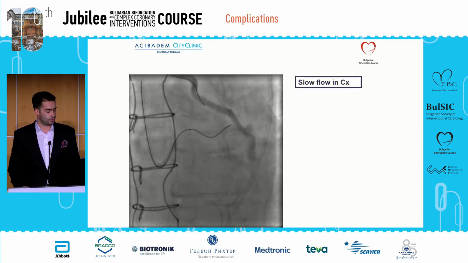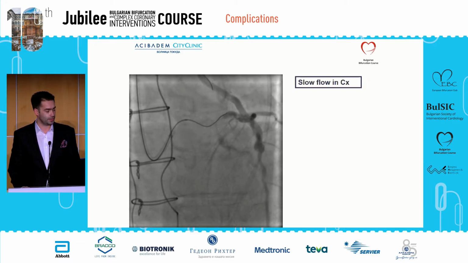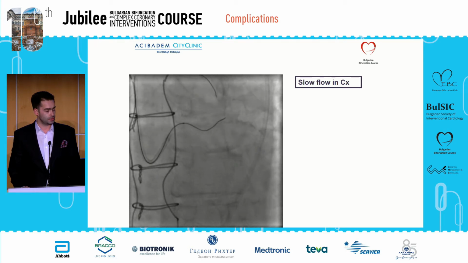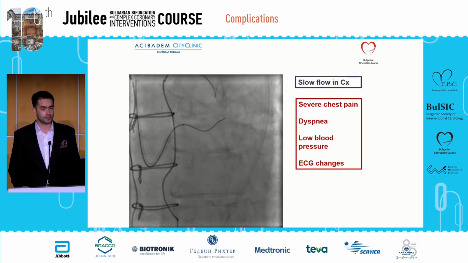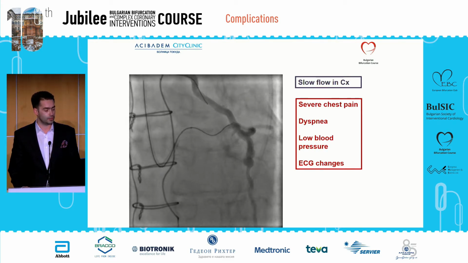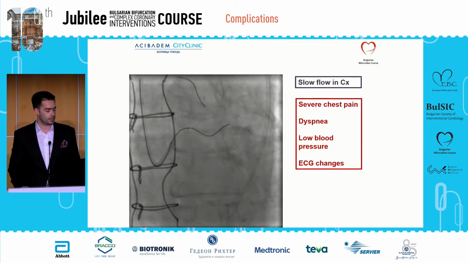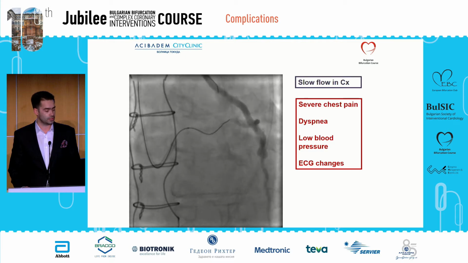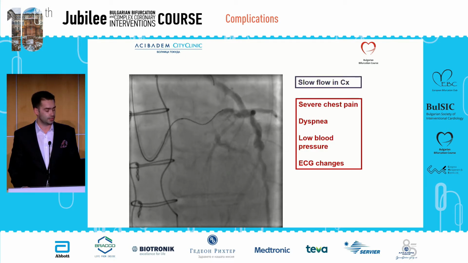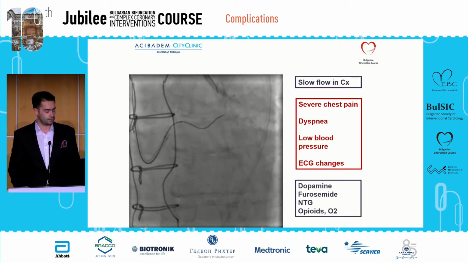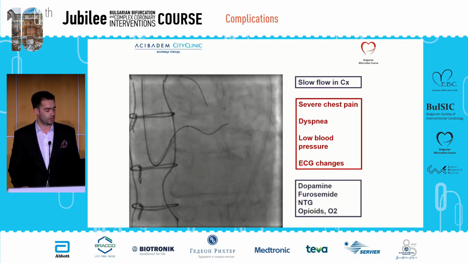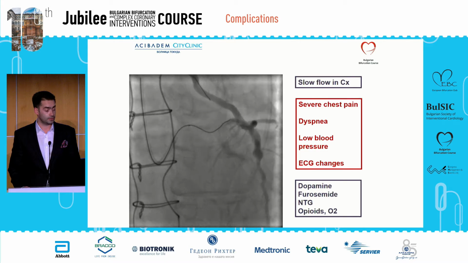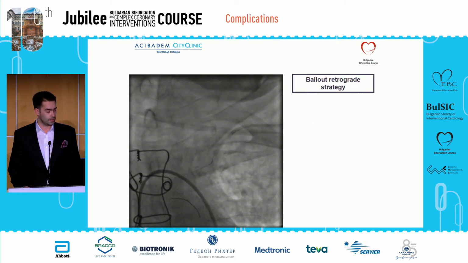Then we have, of course, slow flow in the circumflex artery, and the patient was getting worse with severe complaints, severe chest pain, dyspnea, lowering the blood pressure, desaturation, severe ECG changes. We start catecholamines, diuretics, nitro, opioids, oxygen, and think about what to do.